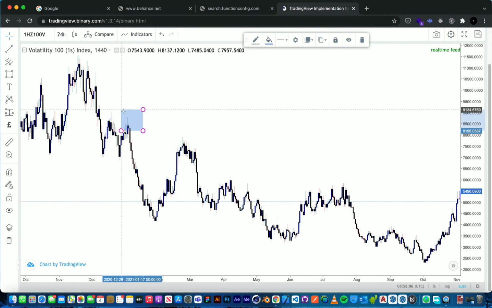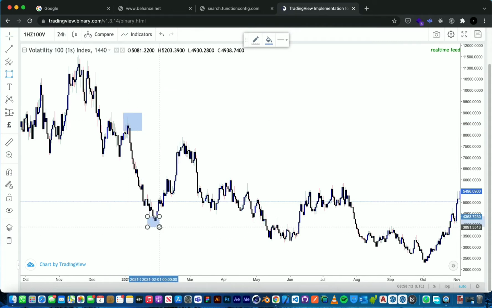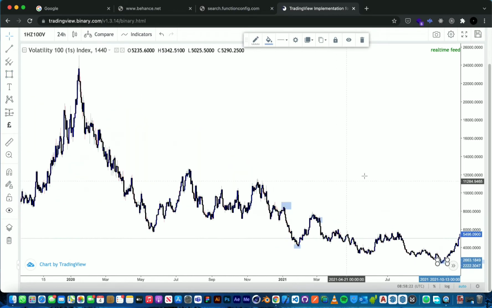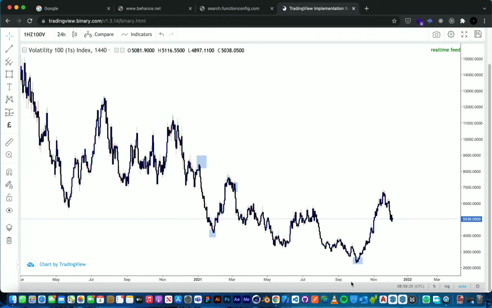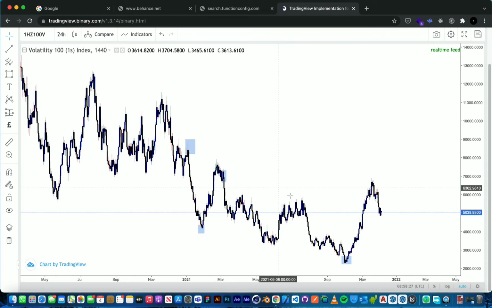This is my lower high. This is the high that made this low, right? So this is my lower high. I'll spot out my lower low, my lower high, and my lower low. This is the high that made this low, right? So that's my lower high.